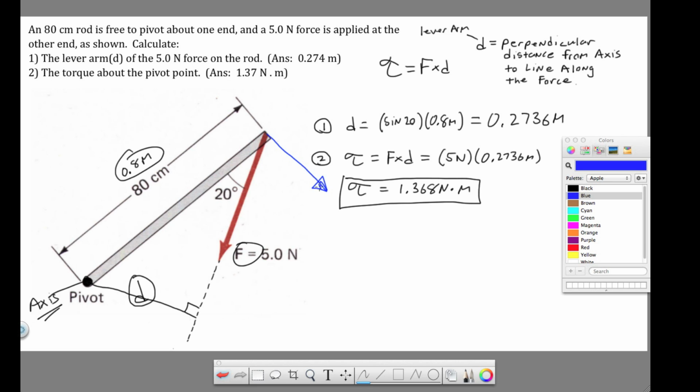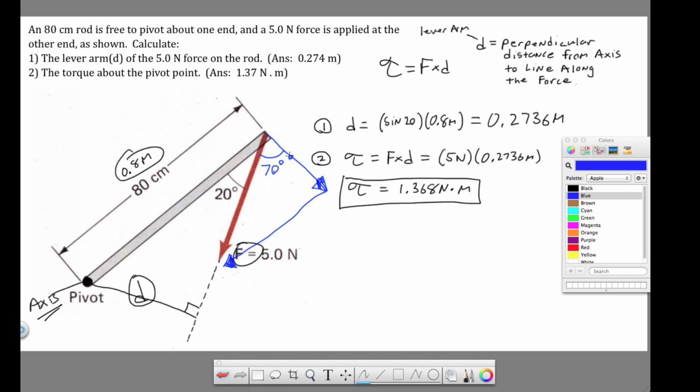So we have this component and we have this component. Those are tip to tail. So we got these components that make up the 5 Newton force. And then this angle in here would be 70 degrees, right? If that's 20, then this is 70.